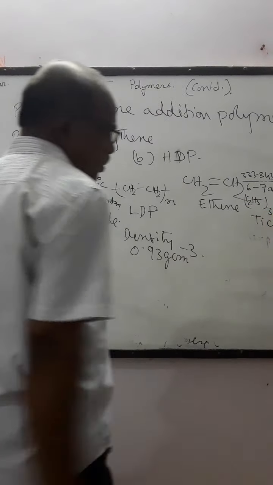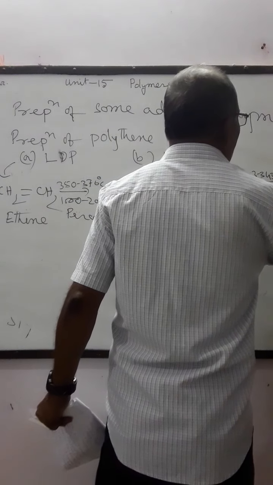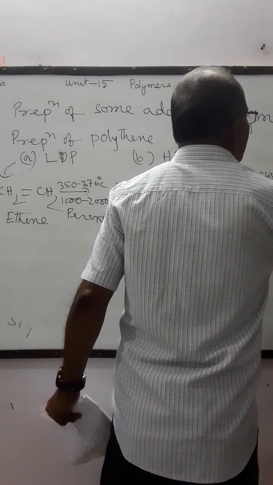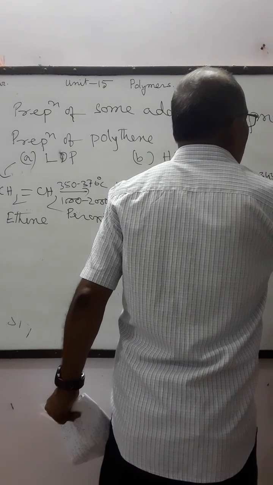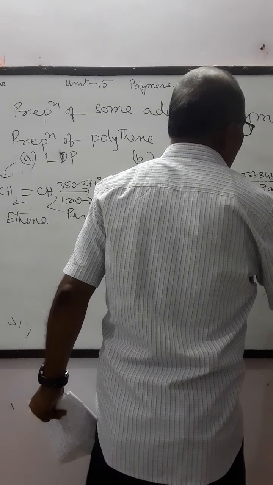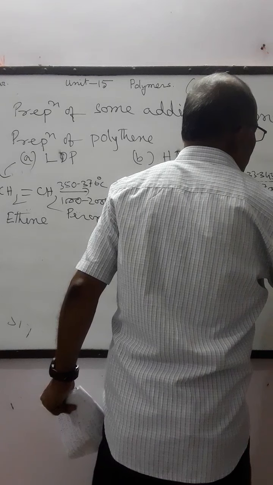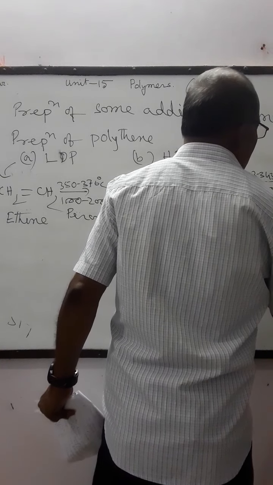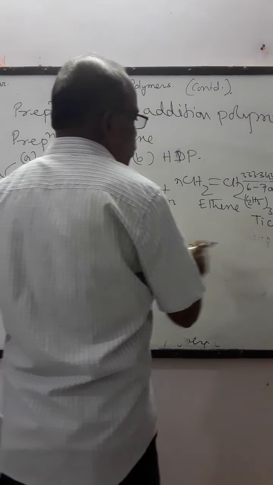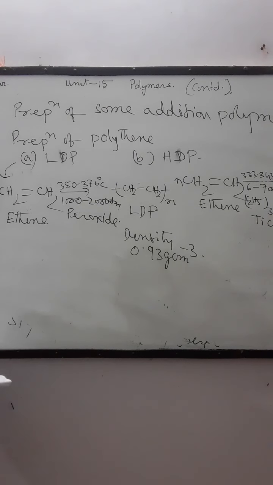These two compounds are used as catalysts. So again n molecules of ethene are converted to polythene, which is known as high density polythene. Here the density is 0.97 gram per cm cube, more than the previous one, so it is called high density polythene. So this is about polythene.